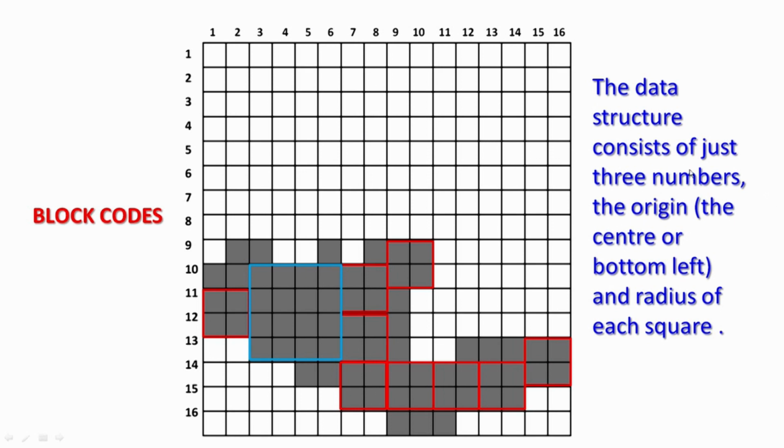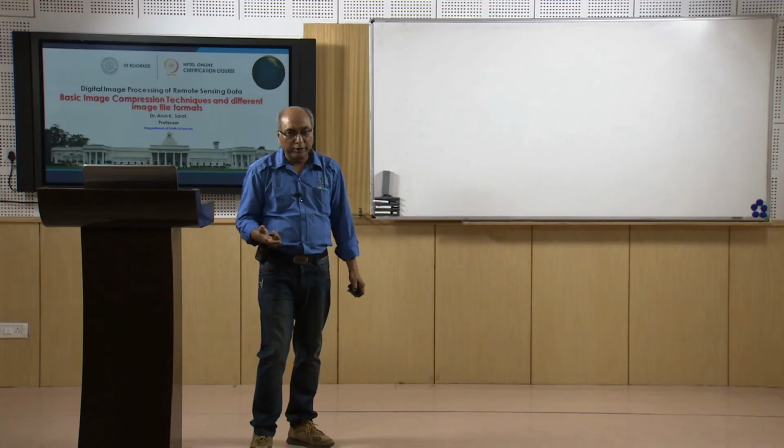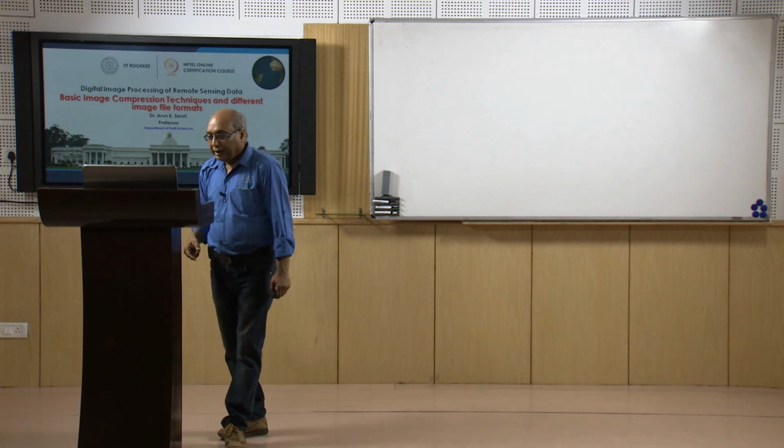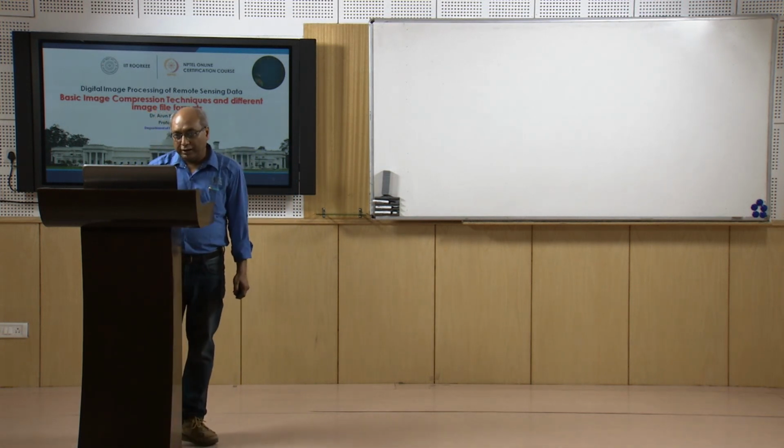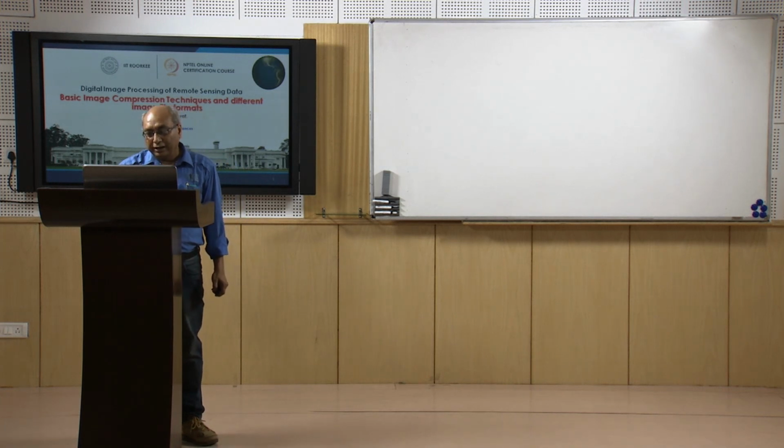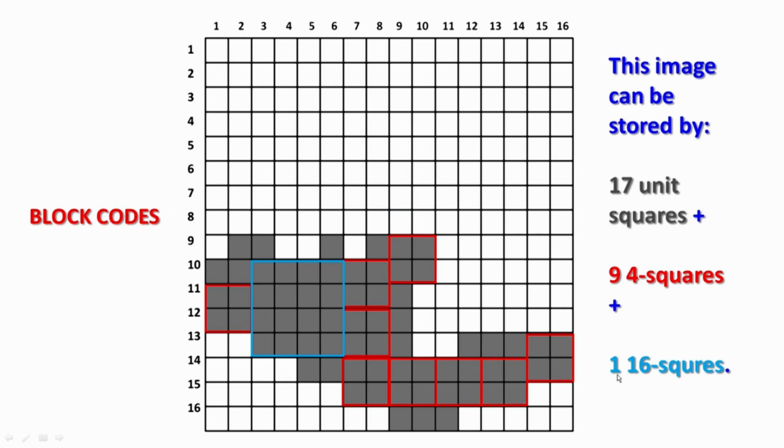The data structure here consists of 3 numbers for each block: the origin or center, bottom left of the block, and the radius, meaning how wide the block is. So 4x4, maybe 2x2, maybe 1x1. And this image can be coded very easily with the locations of block X and Y. There is only one square having 16 pixels, shown here in blue color.